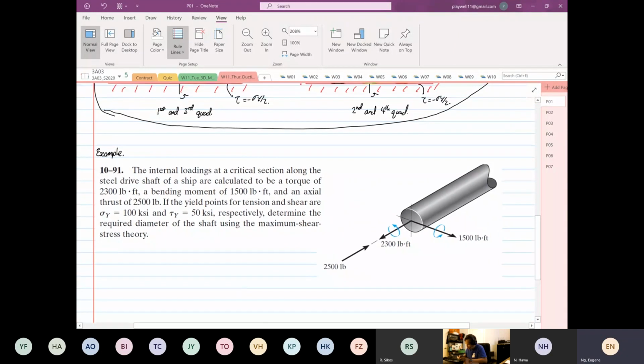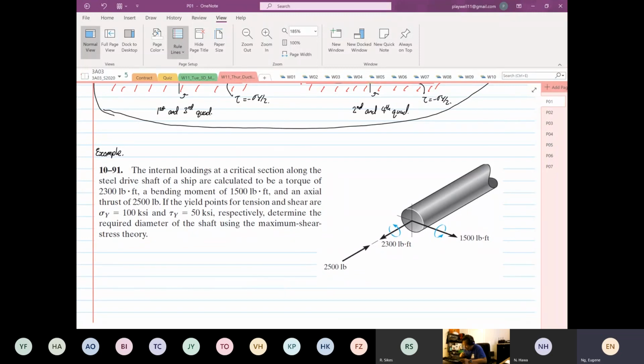is we have a shaft that has internal loading at a critical section along the steel shaft of a ship, calculated to be a torque of 2,300 pound-feet. So we have a torque over here. And then we have a bending moment of 1,500 foot-pound and an axial thrust of 2,500 pound.